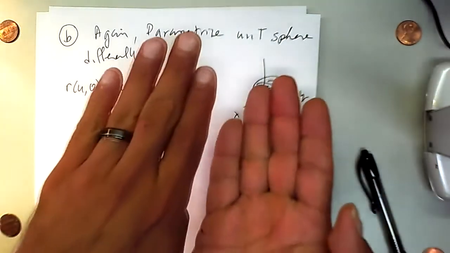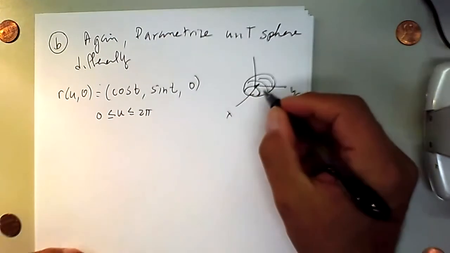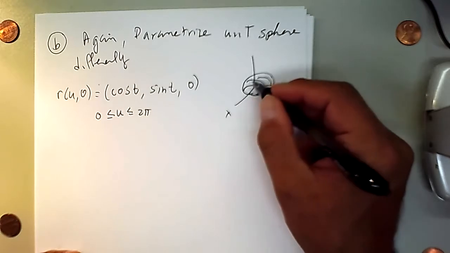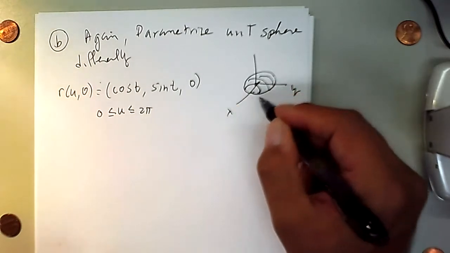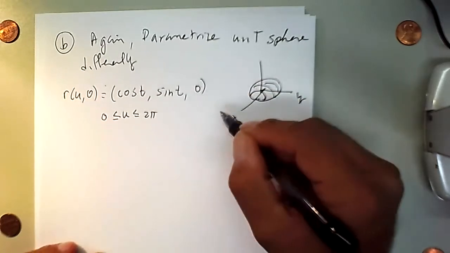It's only sufficient to rotate 180 degrees instead of a whole 360 degrees to create the sphere. If we rotate 360 degrees, then we're going to create the sphere twice. We're running over the sphere 2 times.